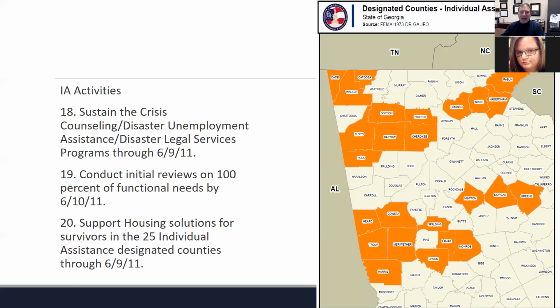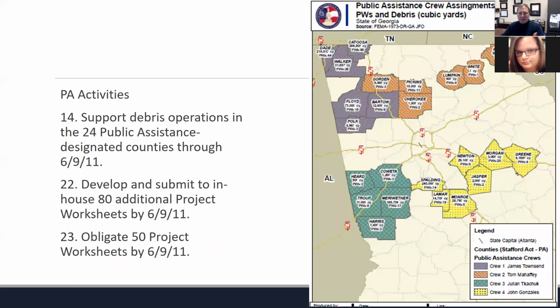So these are the I counties that were designated. And so again, we broke it down on a county by county basis. We went into each of those counties, did briefings for public officials, basically told them what they were eligible for. And then PA activities also went into each of the designated public assistance counties and told them what they were eligible for, and then worked with them to be sure that they recouped as much reimbursement as they could.